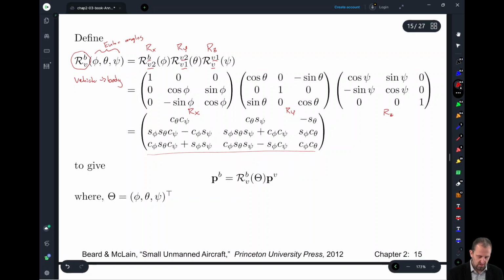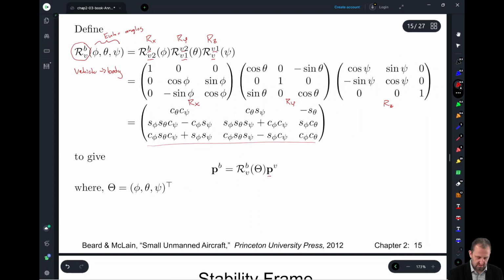So now we can take a point in the vehicle frame, and we can rotate it and get that same point in the body frame.